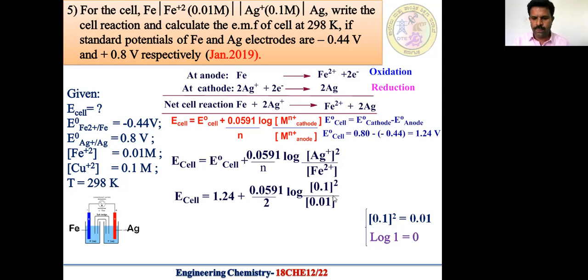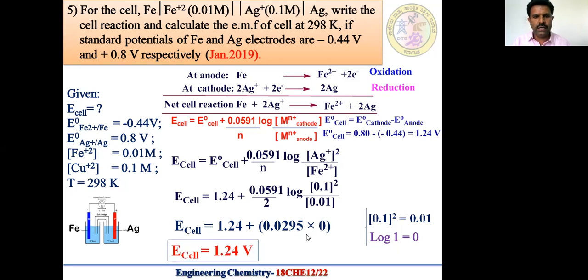Okay, after that, 0.1 squared is equal to 0.01. Hence, 0.01 divided by 0.01 becomes 1. Log 1 is equal to 0. Hence, the whole term is equal to 0.